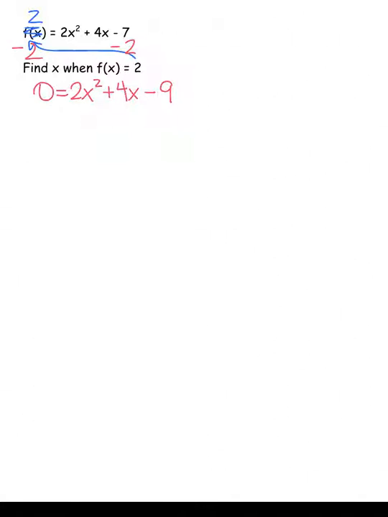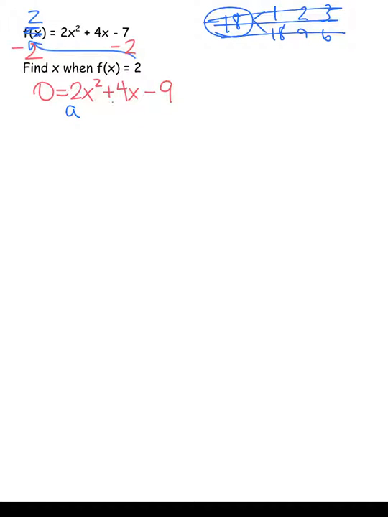Combine like terms there. So we can think about the AC method. 2 times negative 9 is negative 18. Are there numbers that multiply to negative 18 and add to be 4? I don't think so. 1 and 18, 2 and 9, 3 and 6. Nope, none of them do. So no factoring for us. So the quadratic formula.